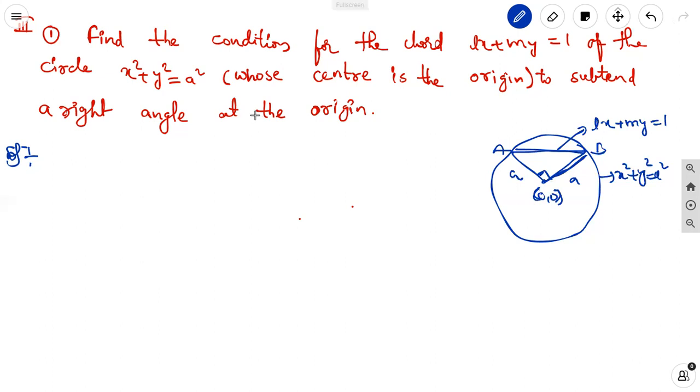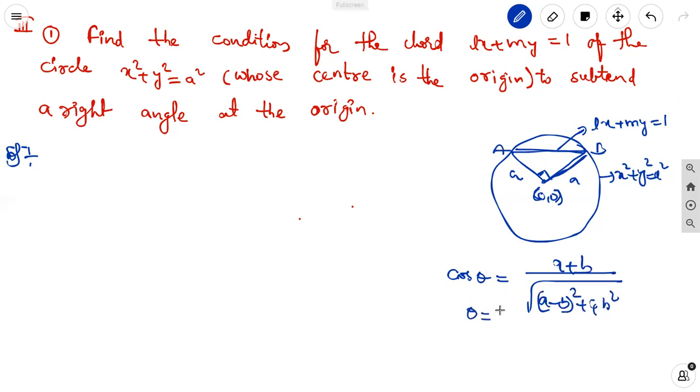Now we can calculate the condition for the line and circle at the origin, which is a right angle. We know that the angle between two lines is given by cos theta equal to (a plus b) by under root of (a minus b) whole square plus 4h square.